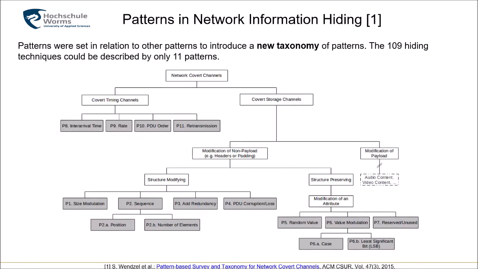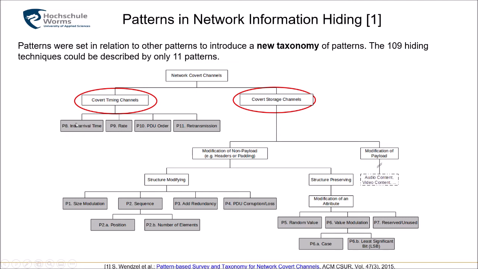Here you can see an overview of the original pattern-based taxonomy that covered 11 patterns. And what we can see here at first sight is that we have two main categories that you already know, because we have timing and we have storage channels.